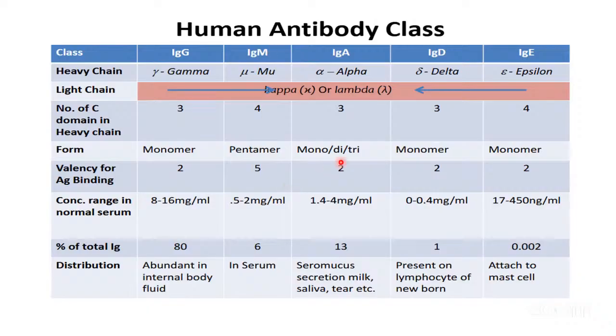Alpha can be mono, di, or tri. And these are self-explained, and these exist as monomers. D and E exist as monomers. These are the normal serum concentrations, and we can appreciate that IgG is the most abundant, followed by IgA.